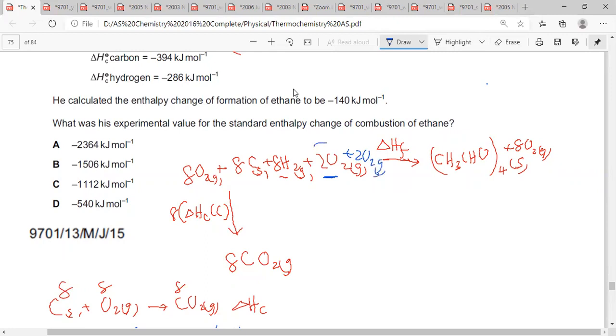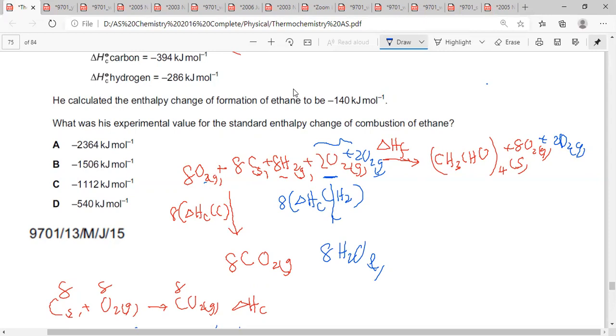Total is how much? 4. So here we give 8 moles of H2O liquid. So this is 8 times delta H of combustion of hydrogen. So plus 2 here, I must plus 2 O2 here. So total is how much?